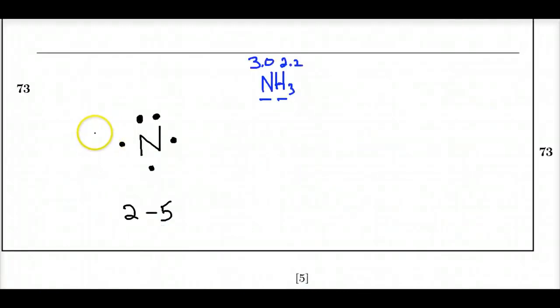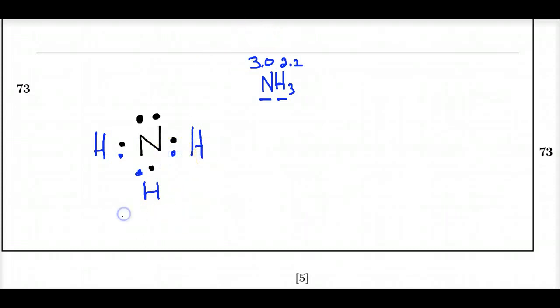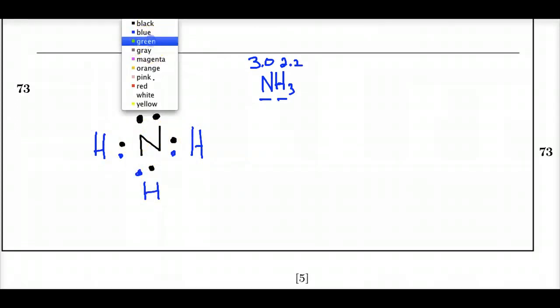Now I'm going to draw in the hydrogens, which donate 1 electron because they have 1 valence electron for the same reasons. And lo and behold, there is our Lewis dot diagram showing the covalent bonding, the sharing of electrons. And you notice, if I was to draw circles, you don't have to.